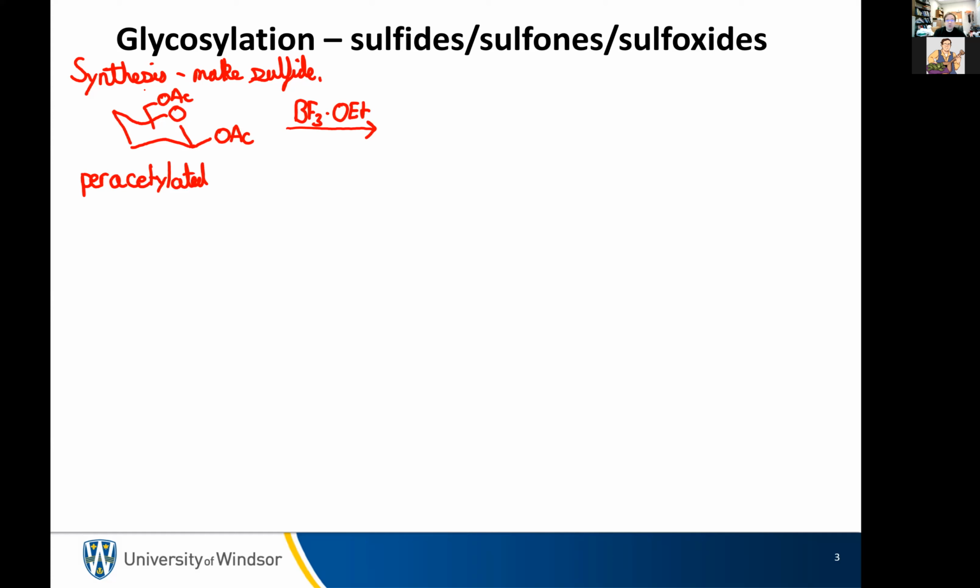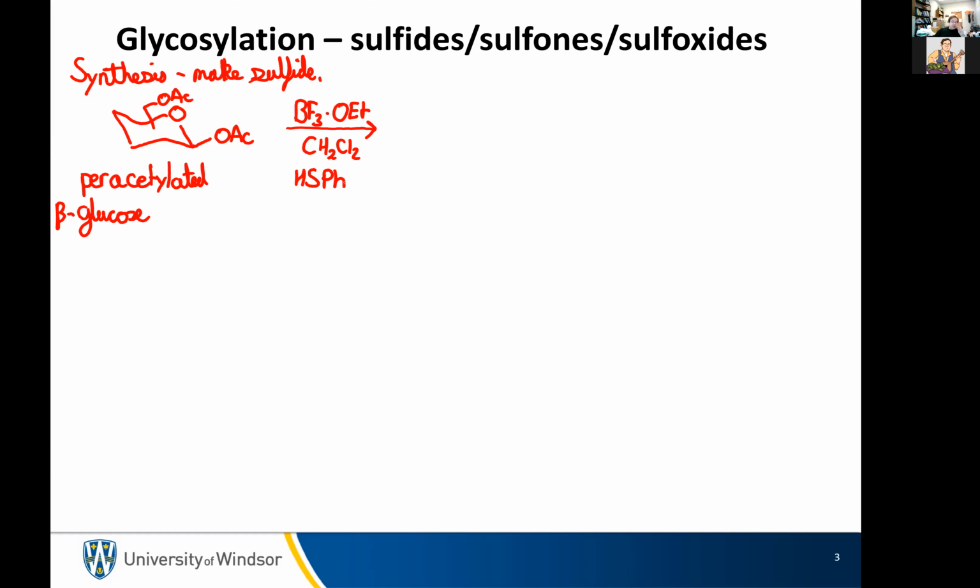And I guess because I haven't drawn any special stereochemistry on there, it's glucose. I have noted that it's a beta glucose though. So I might use BF3 etherate. We're going to use dichloromethane, and we're going to use thiophenol as a nucleophile.